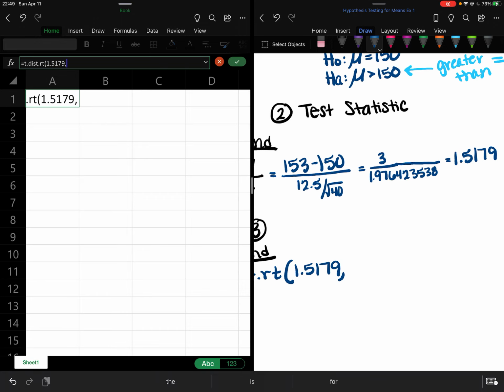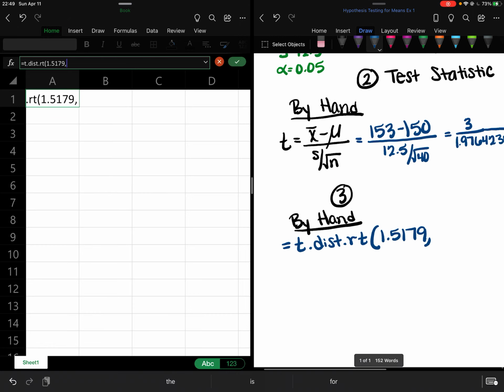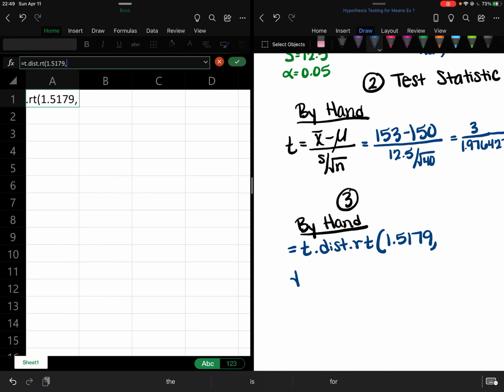The second thing is the degrees of freedom. So degrees of freedom is equal to your sample size minus 1. So our sample size is 40 minus 1. So that means our degrees of freedom is 39.